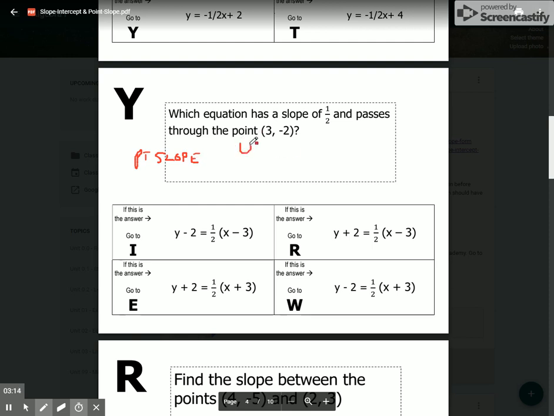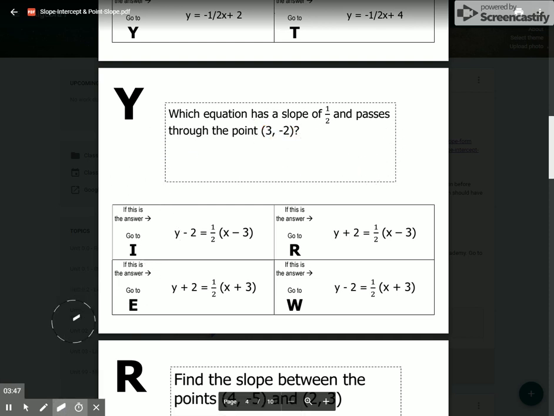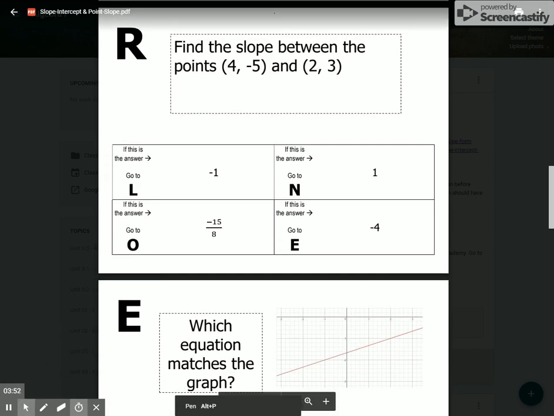That is y minus y1, where y1 is the y value of the point they give you, and this is equal to our slope, m, times x minus x1, where x1 is the x value of the point that we're given. Plug those into your point slope form equation and you should be able to identify that one.